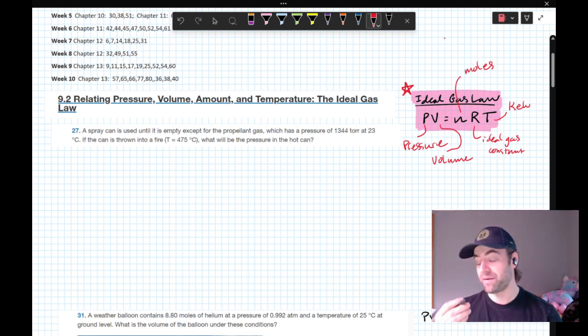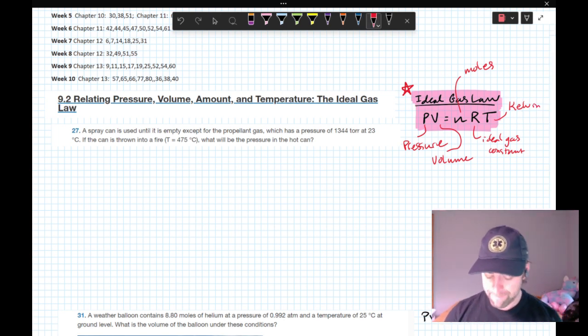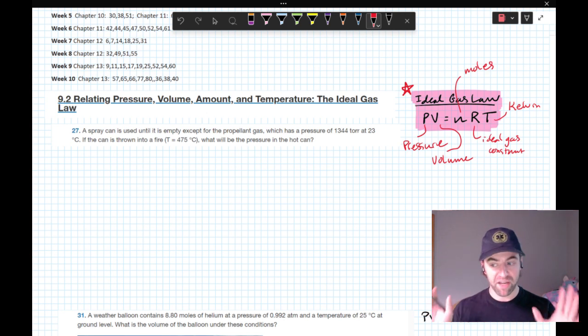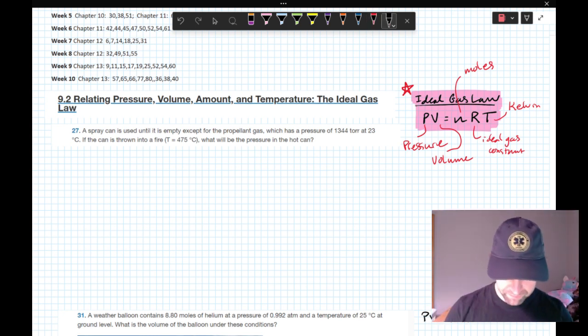This is absolute temperature. Where last week we were dealing with differences in temperature, where you could switch between Kelvin and Celsius and not worry too much about it, here it's really important that we convert to Kelvin always. So we're going to get some practice at that.